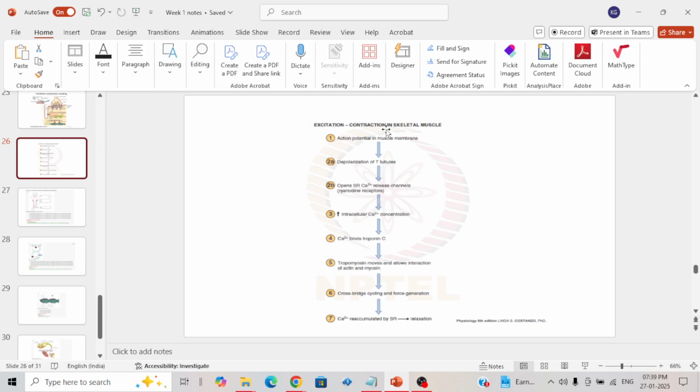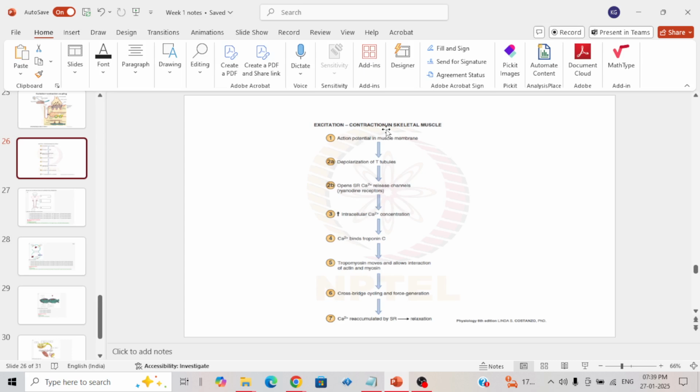The action potential will travel through the T-tubules. The T-tubules will catch that action potential and activate the DHPRs. The DHPRs will undergo a change in conformation. The change in conformation in the DHPRs will be sensed by the ryanodine receptors. Then the ryanodine receptors will undergo a change in conformation, which will open the calcium channels.